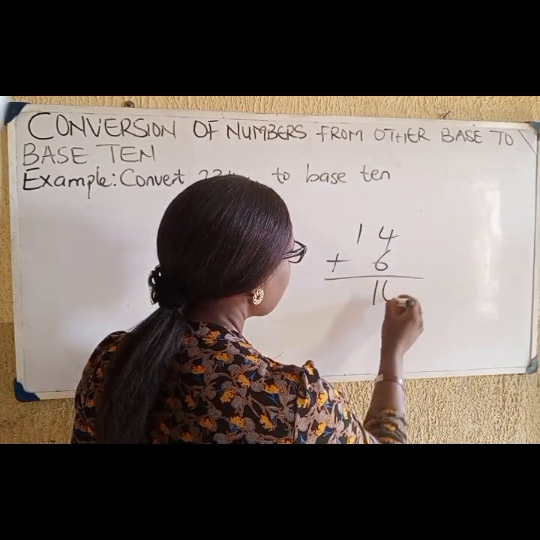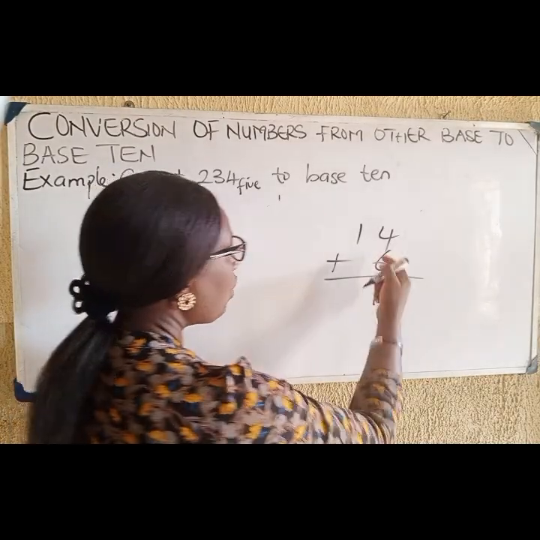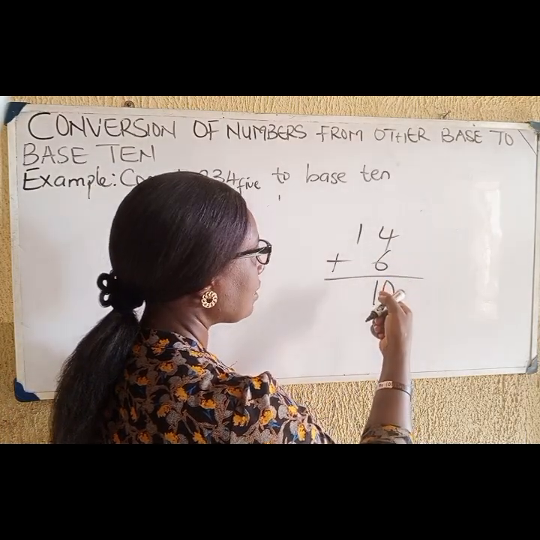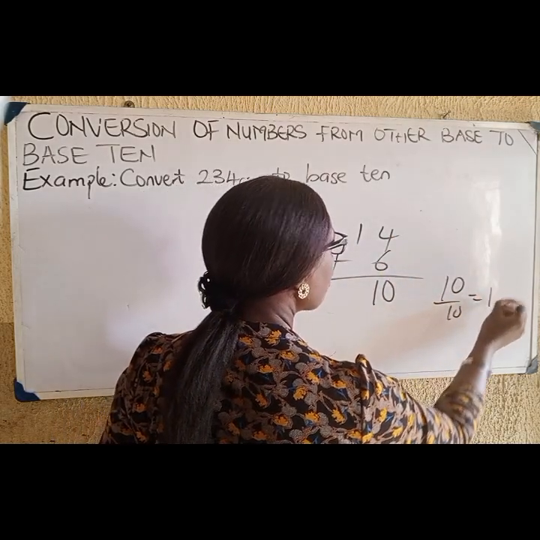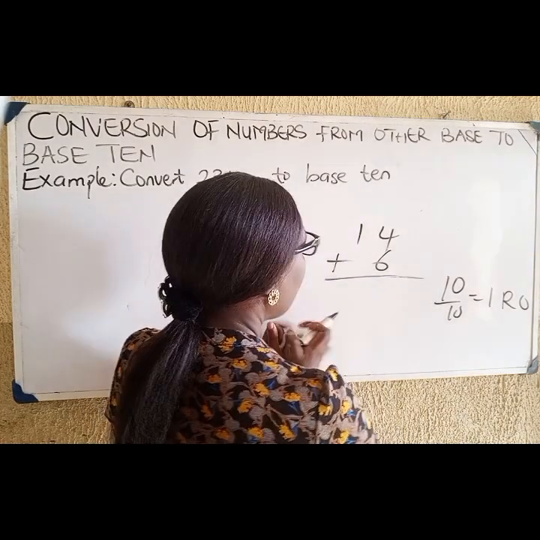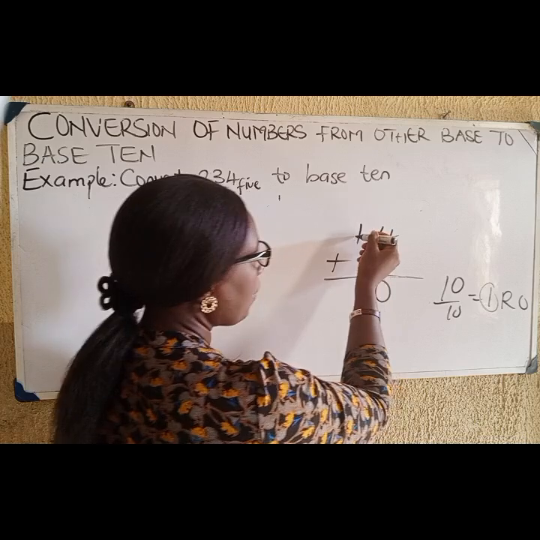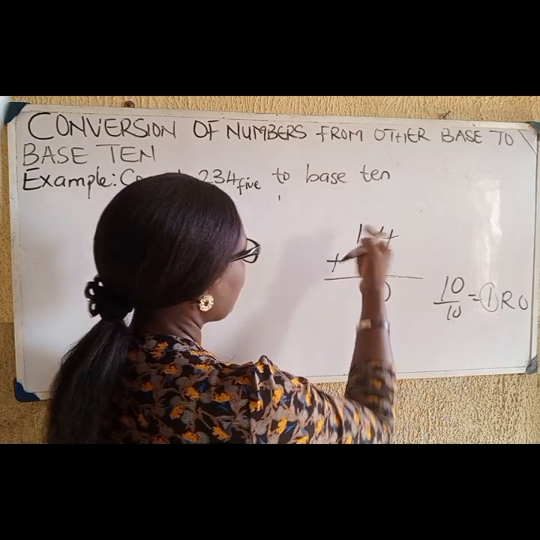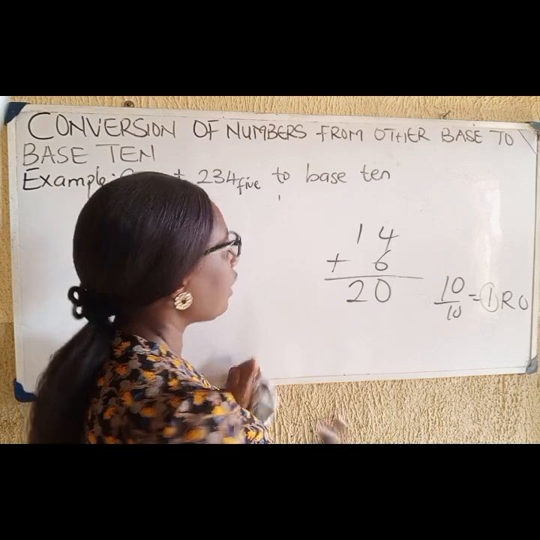I cannot write 10 here. It's not possible. Because we are counting in base 10, and this plus this is 10, and 10 in base 10 is equal to 1 remainder 0. So I will write this 0 here and take this 1 to the next number. So I have 1 plus this 1 gives me what? 2. I hope it's clear.